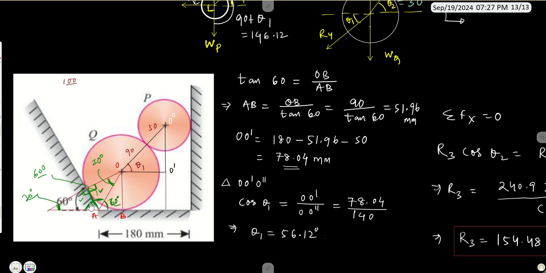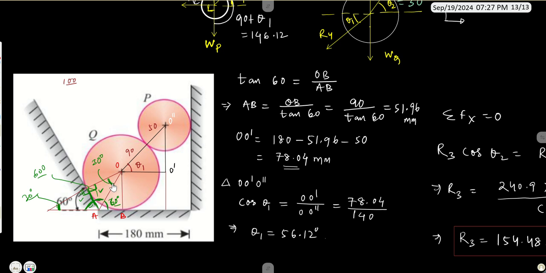From that we can conclude that these two triangles are similar. So this angle which is 30 degrees over here, this angle will also be 30 degrees. And if it is 30 degrees, then we can say this is 60 degrees, right?